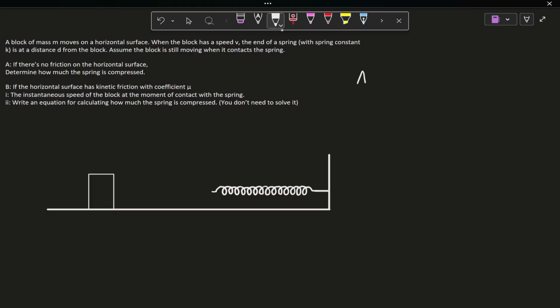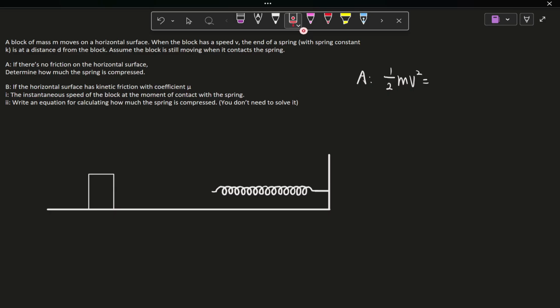So for part A, it's pretty simple. Since there's no friction on the horizontal surface, the work done by friction will not cancel any energy the block originally has when it's moving at a constant speed v. So simply we can write 1 half mv squared is equal to, when the block suddenly touches the spring, right, it still has a velocity of v.